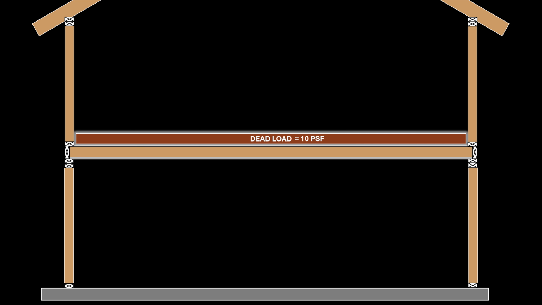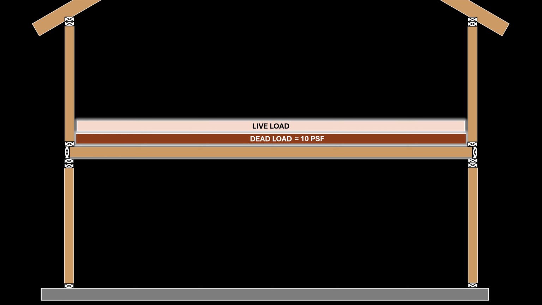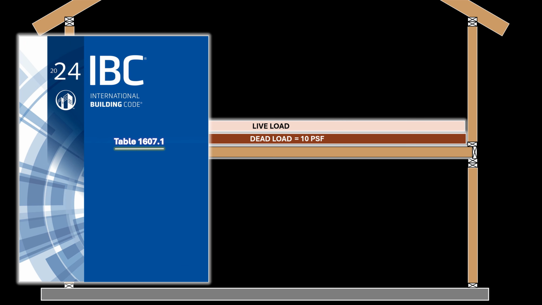Let us now consider live loads. The minimum live loads required for the design of structures are provided in Table 1607.1 of the IBC. The design live loads for single-family residential buildings are provided in Item 27 of the same table. According to Item 27, habitable attics and sleeping areas should be designed to support a minimum uniform live load of 30 pounds per square foot.